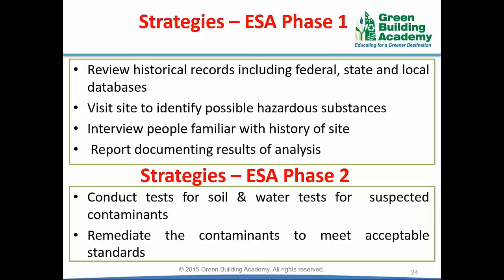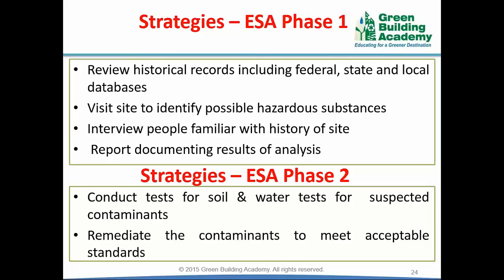So basically at this stage mostly photographs are taken, interviews are conducted, and the history of the site is explored to find if there could be any possible contaminants. Possible contaminants could be because of its previous use or because of the current use you might find on the site.